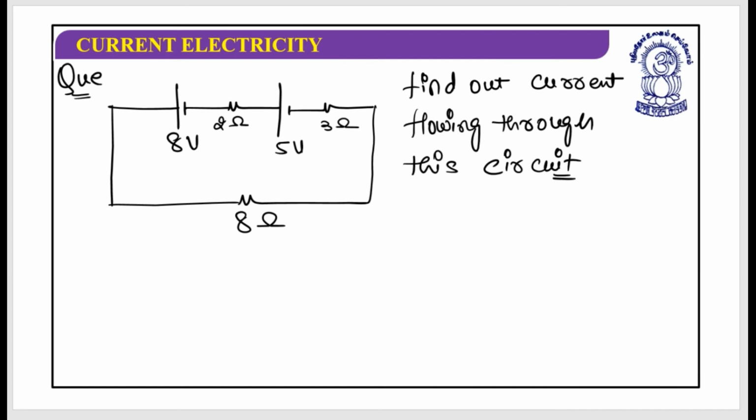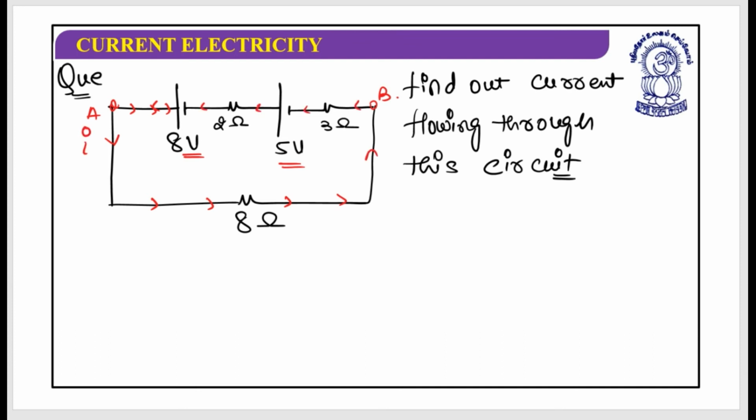So first, whether the cells are connected in series or parallel. As I can see, look at this from A to B. As we are moving in this, will the same current be flowing through each of the cells, or a different current?